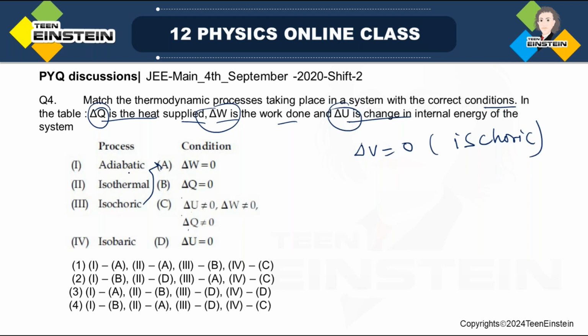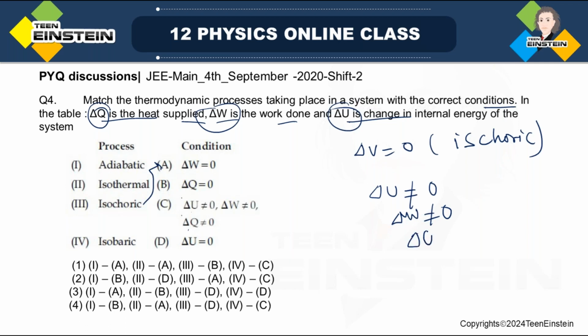Now first, let us say adiabatic process. You know what happens? In adiabatic process, temperature changes actually. Temperature does not remain constant. So internal energy also becomes not equal to 0. Obviously, delta W is also not equal to 0 because there will be some work done.